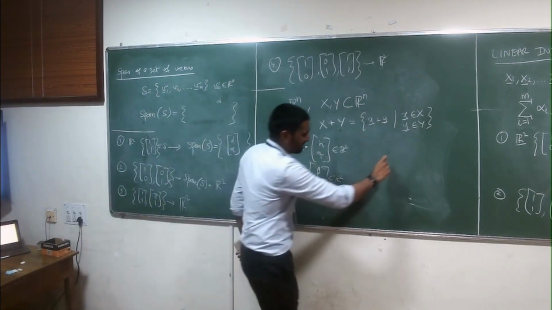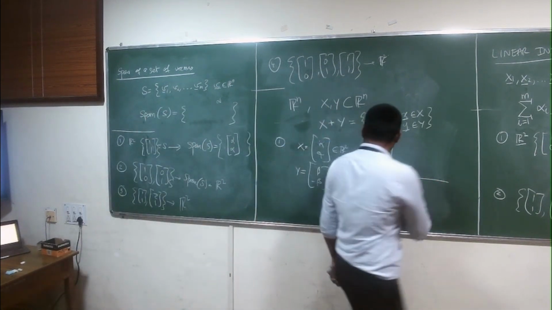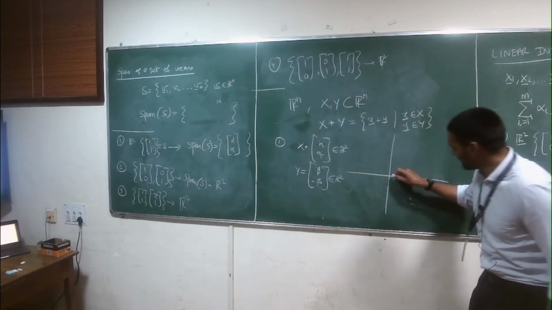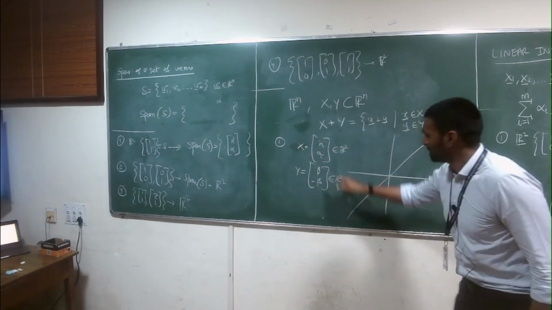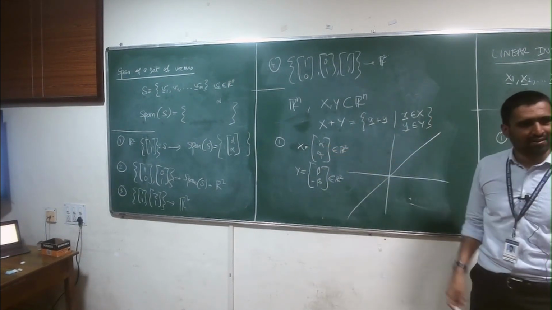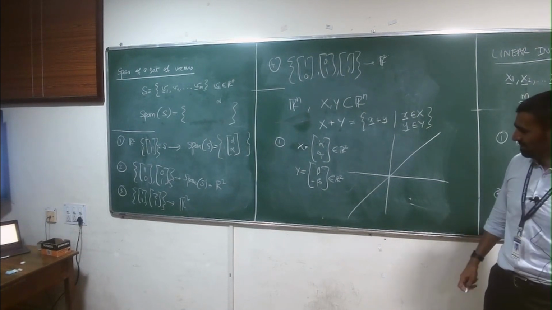What will these look like if I draw them? What will the first subspace X look like? A straight line like this, because the first value is alpha and the second value is also alpha. What about the second one?